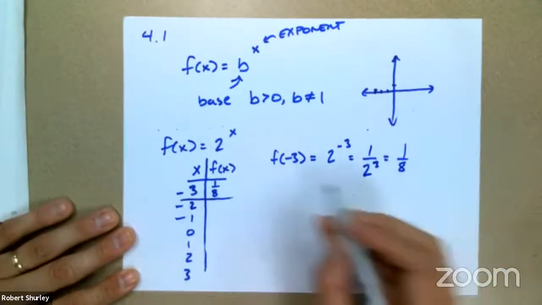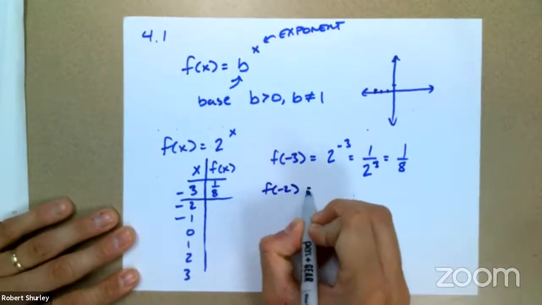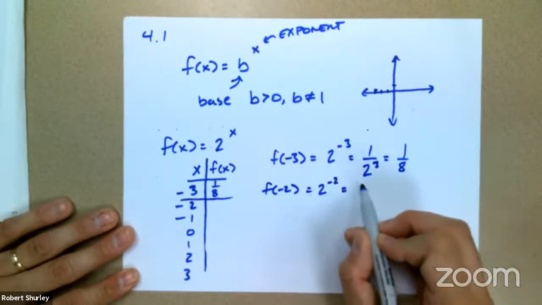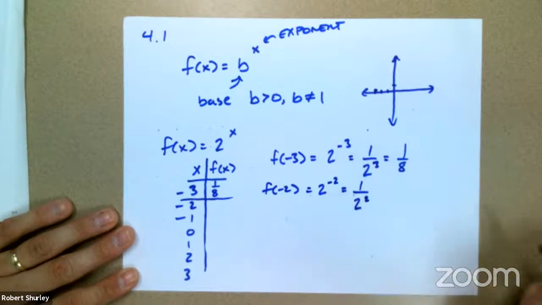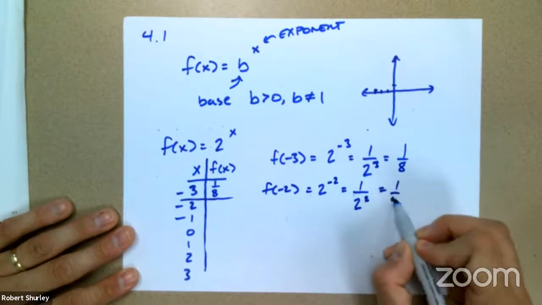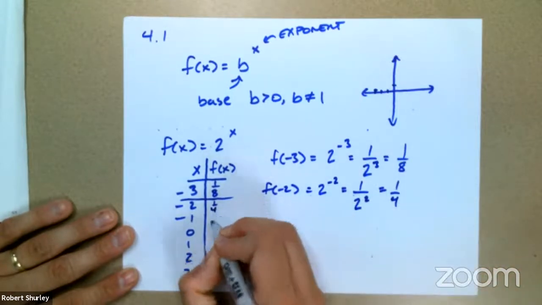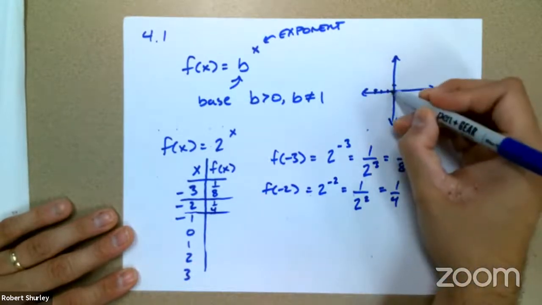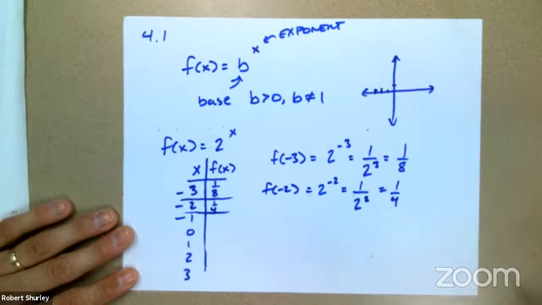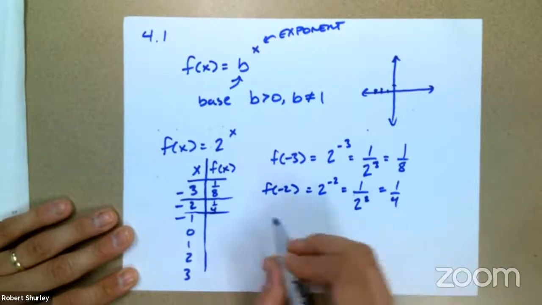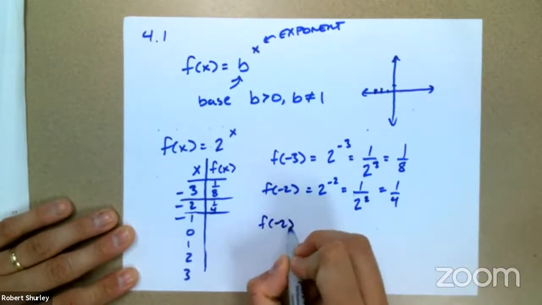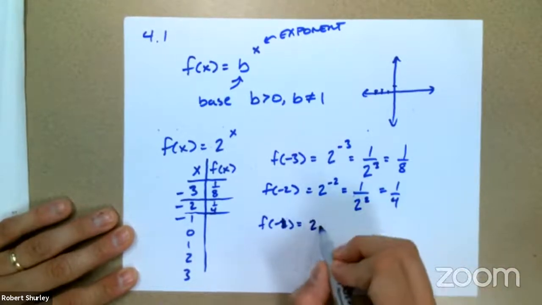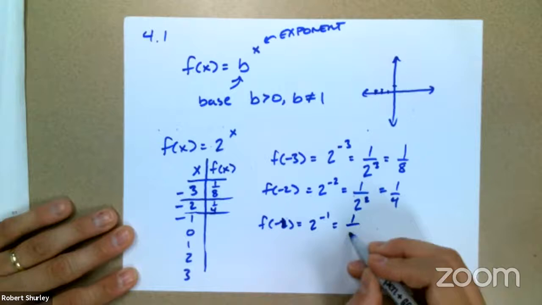So let's do -2 now. Well, -2 would be 2 to the -2, which is 1 over 2 to the +2, so a fourth. I should give myself more room here. So 1/4. Okay, so at -2, we're at 1/4. Hasn't really changed much, right? Now -1. 2 to the -1 is going to be 1/2.